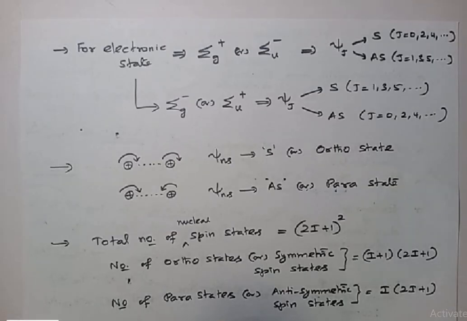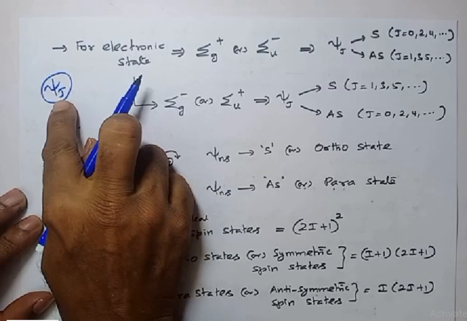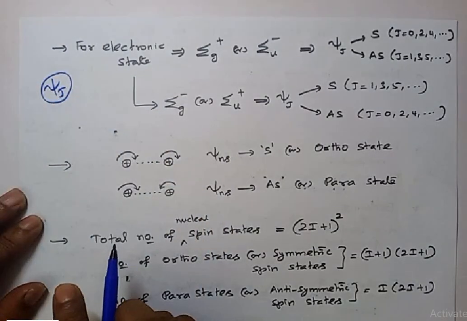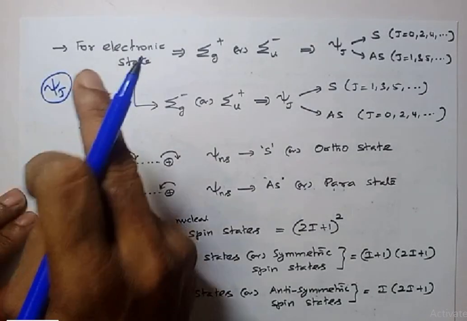I have told you the translational wave function remains symmetric, the electronic wave function remains symmetric, and the vibrational wave function also remains symmetric during rotation, but the wave function psi J, of the rotational states, depends on the electronic state of the molecule.